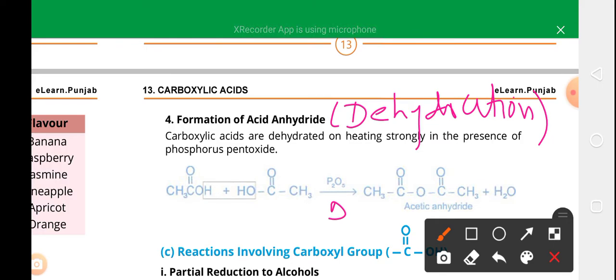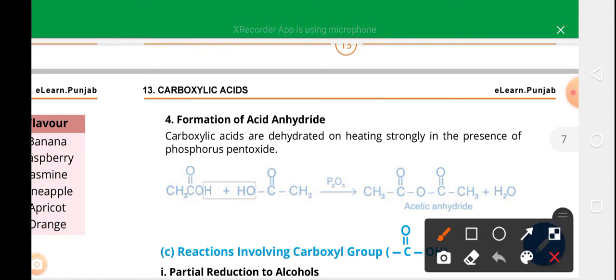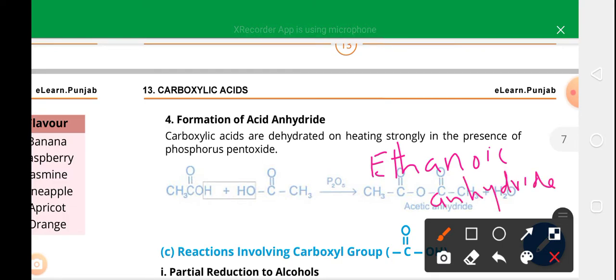Loss of water takes place, acetic anhydride is formed. Acetic anhydride, write the IUPAC name as ethanoic anhydride.